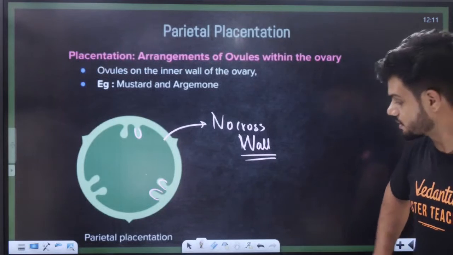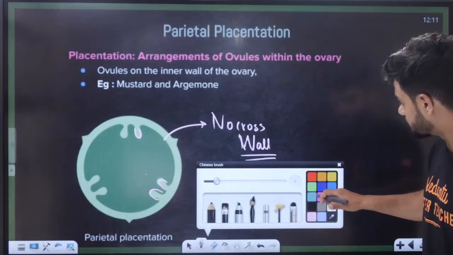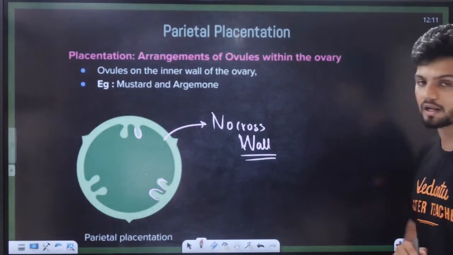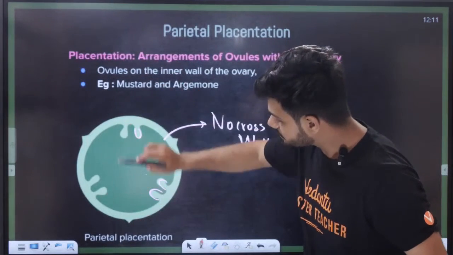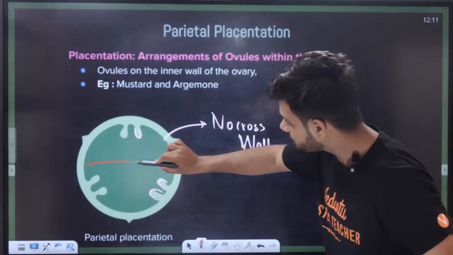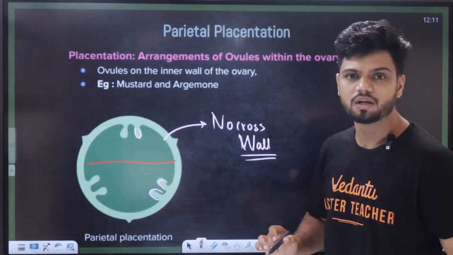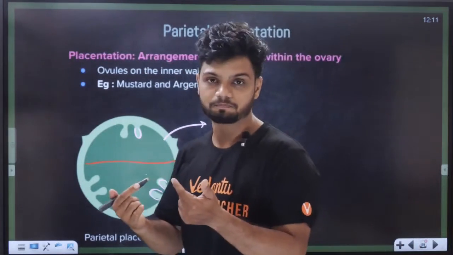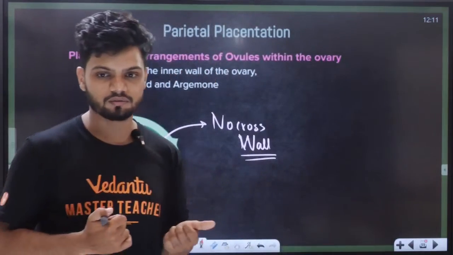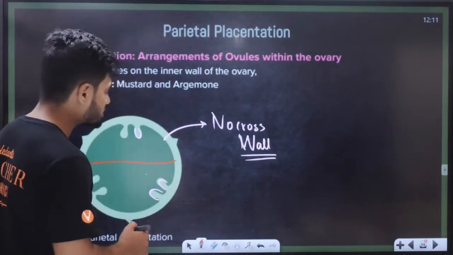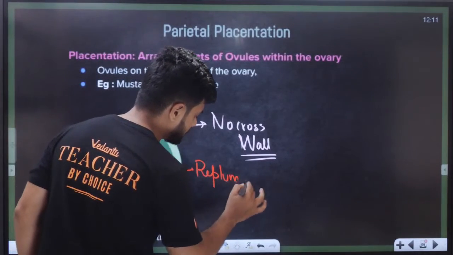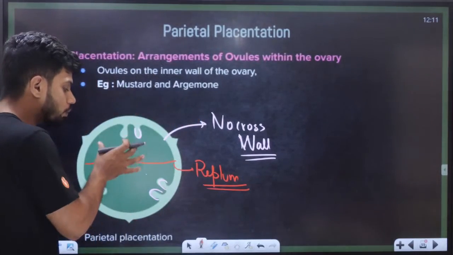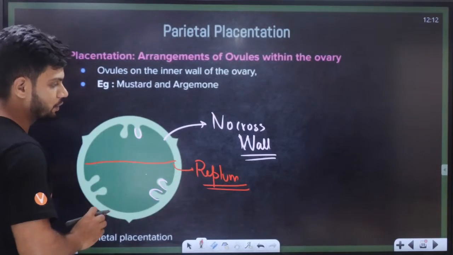You need to understand that this monolocular eventually becomes bilocular. In the starting stage, it looks like this. But after some time, there will be a septa formation, that is called a false septum. False septum formation, that is called a replum. Replum formation happens. So, monolocular becomes bilocular later on.